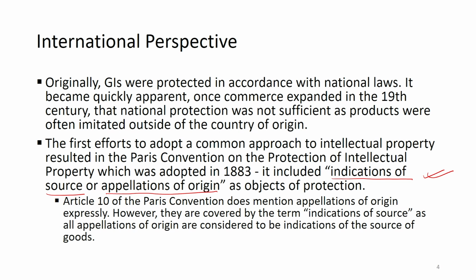However, they covered the term indications of source as well as appellations of origin, and this was the subject matter of protection in the Paris Convention, as I mentioned. So, the first effort was the Paris Convention of 1883, which included indications of source or appellations of origin.